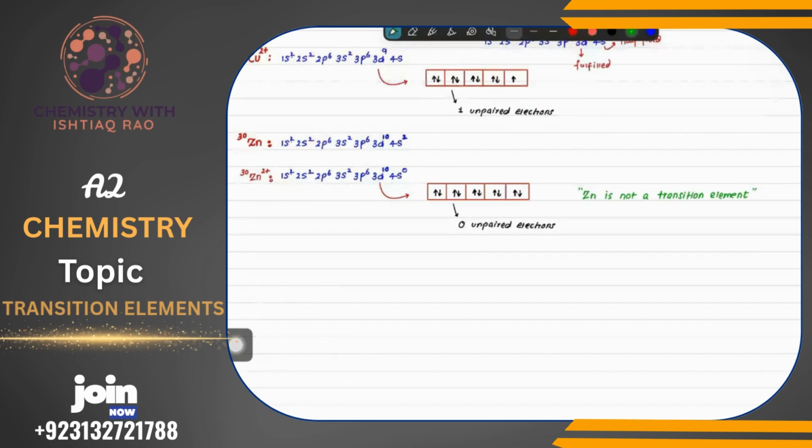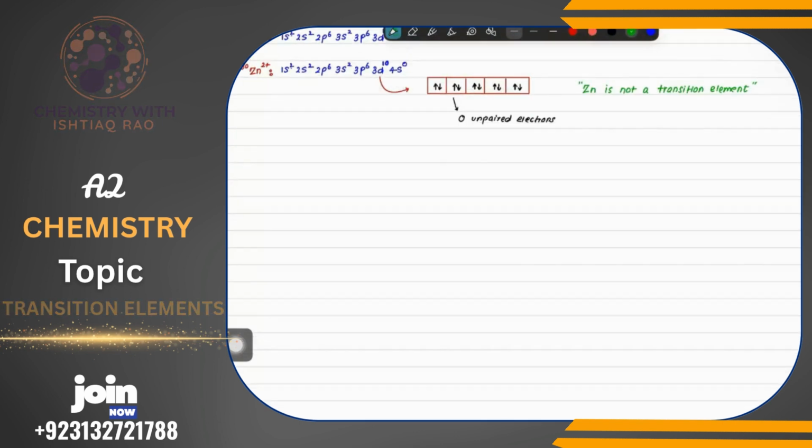Okay, zinc is not a transition element. In this way, you are supposed to identify. And also you must know the difference between a d-block element and a transition element. Or I can say that you also need to know about the d orbitals.